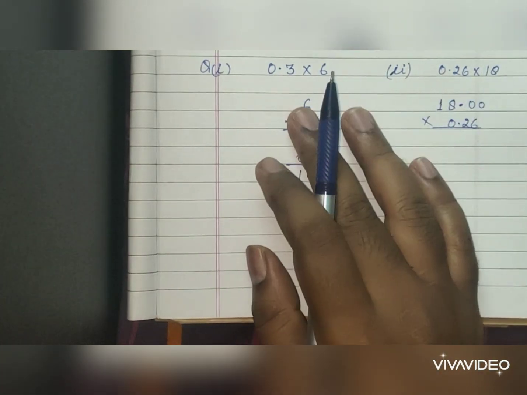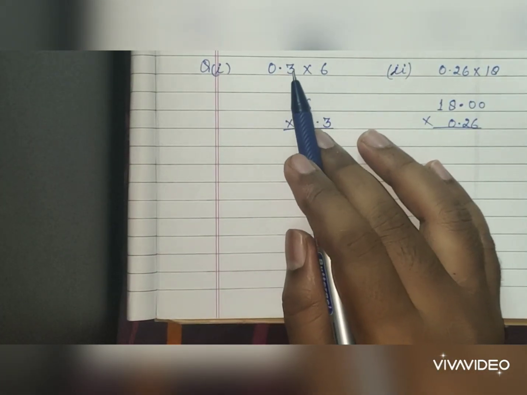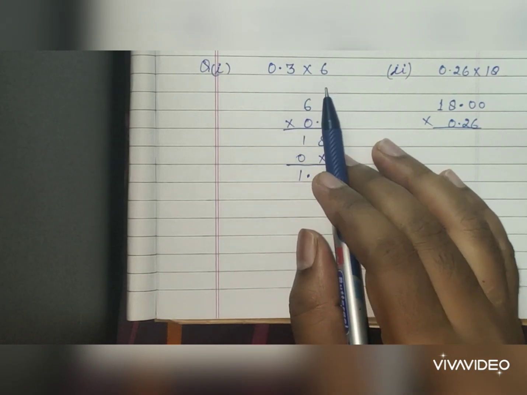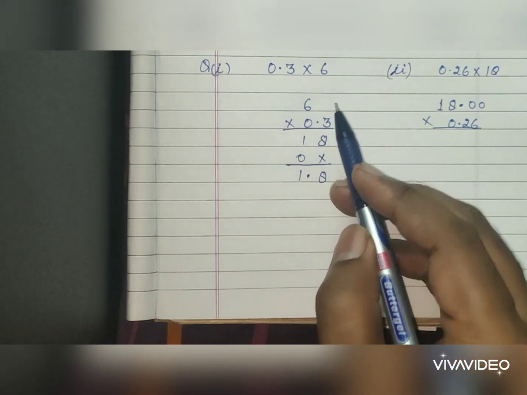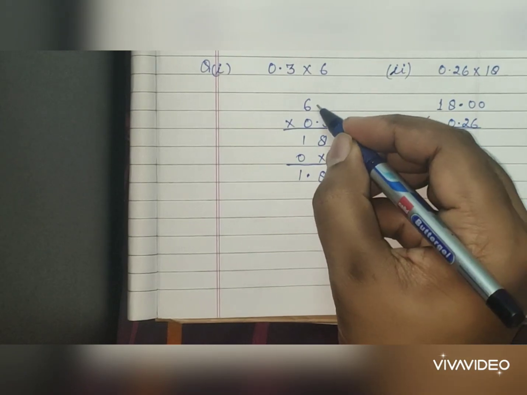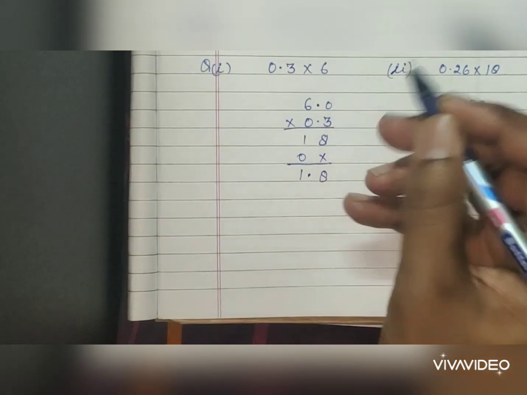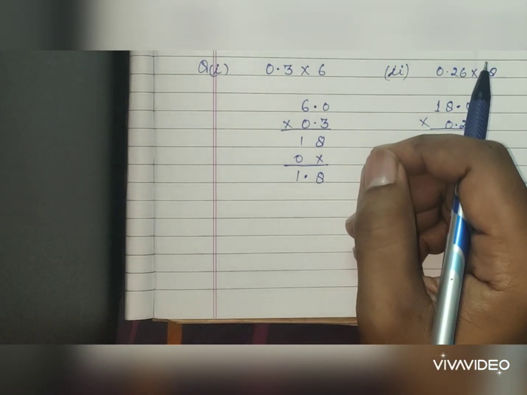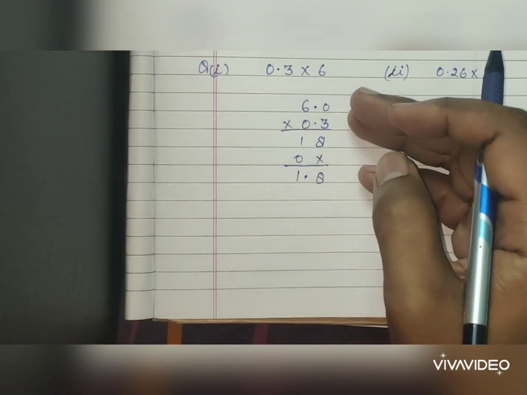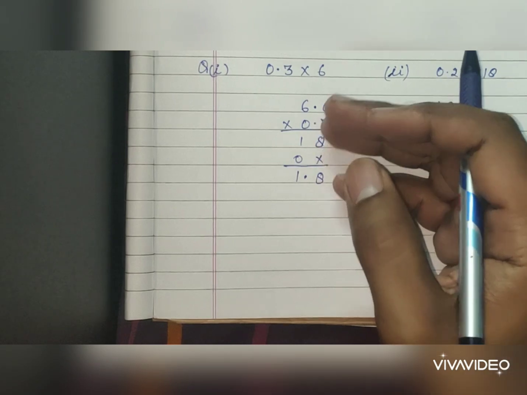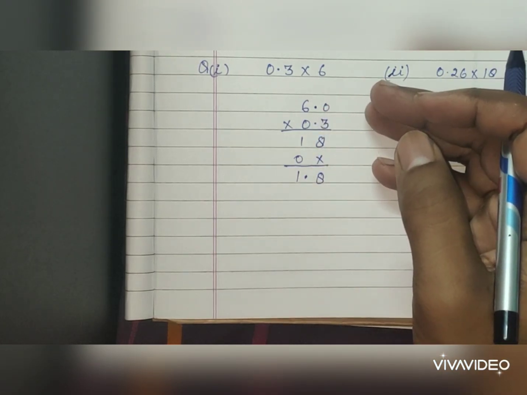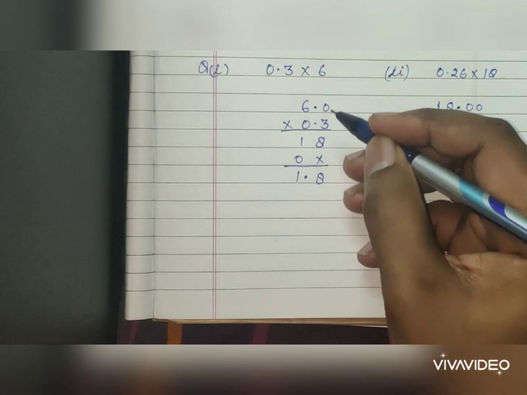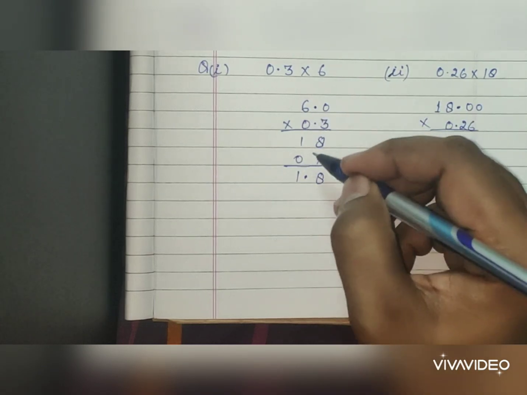So now let's start the multiplication in an ordinary way. Two questions are given to you. So let's see, 0.3 is multiplied by 6. So 6 is written, and you can put the decimal and write 0 also over here. It doesn't mean anything, because we just have to balance this question. So I have put the decimal sign and 0. So 3 zeros are 0, so I have written 3 sixes are 18 directly over here.